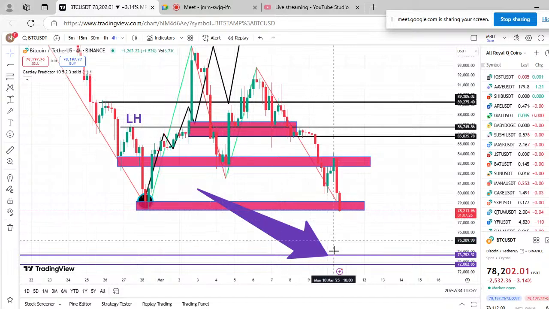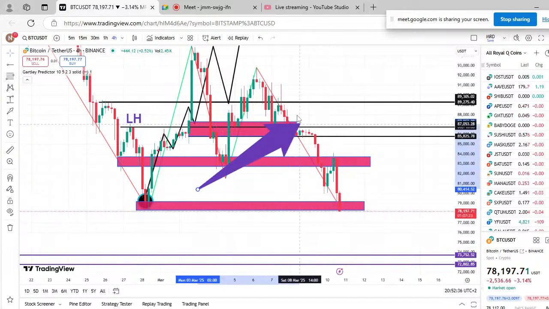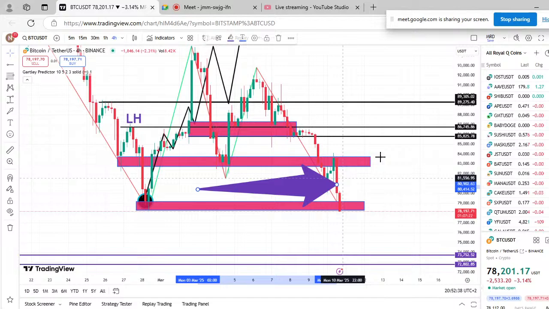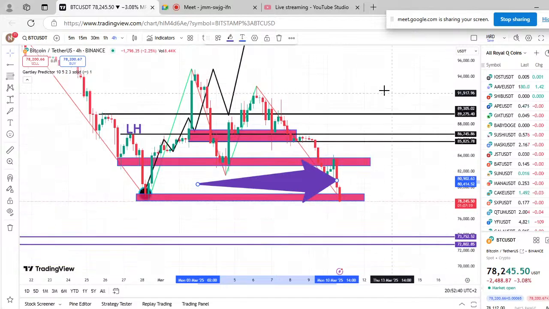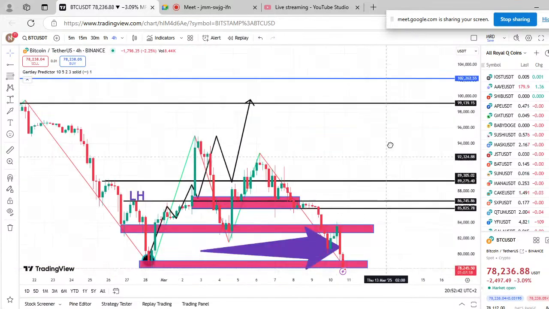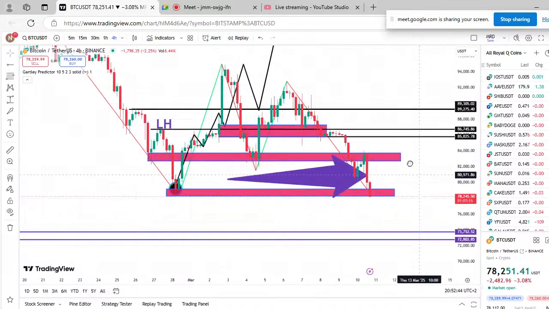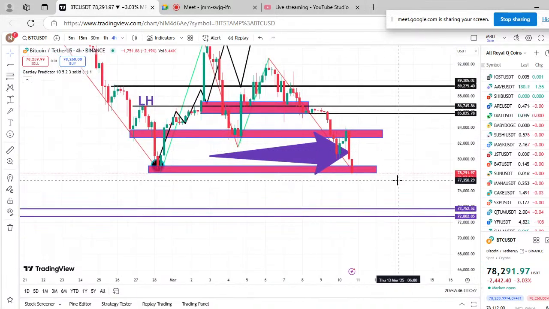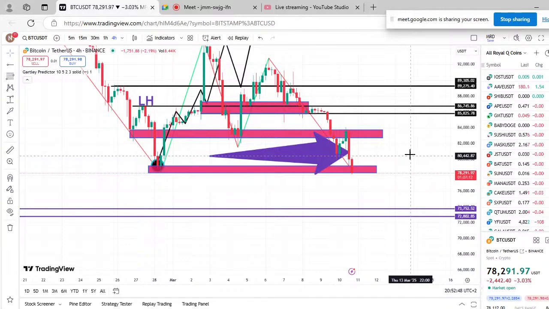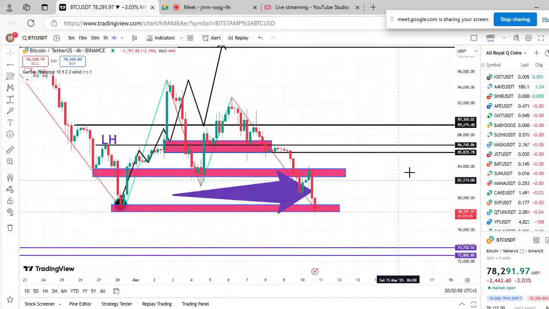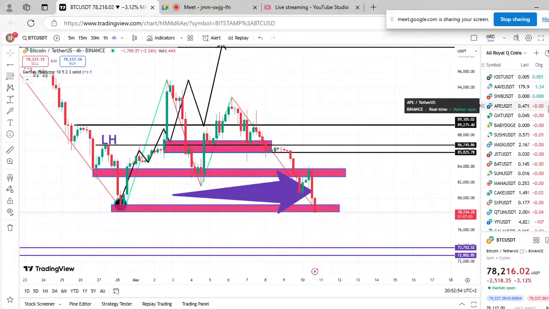For example, now on BTC, it is normal. It is not predicting anything. But after realizing that Bitcoin is going to a certain point exactly, it will definitely predict for you. But currently, it is not sure. So whenever you see it predicting, know that it is sure.